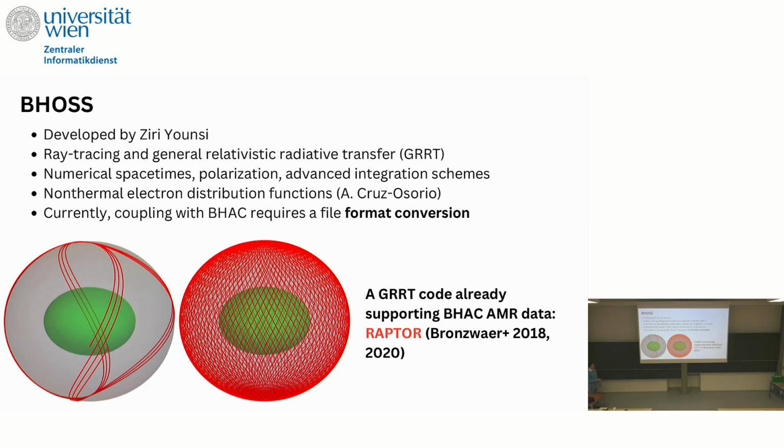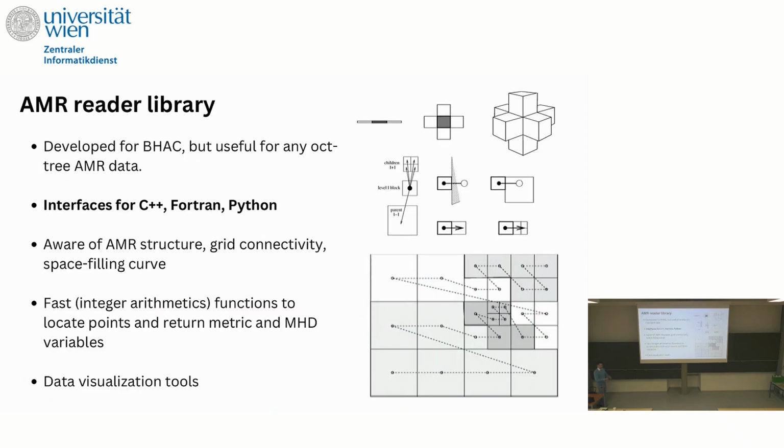This is called Raptor. But in the way of making BHOSS capable of reading the AMR data from BHAC, we try to do something more general, something that is not only useful for BHOSS, but can also be useful for any other ray tracing code that we want to interface with BHAC.